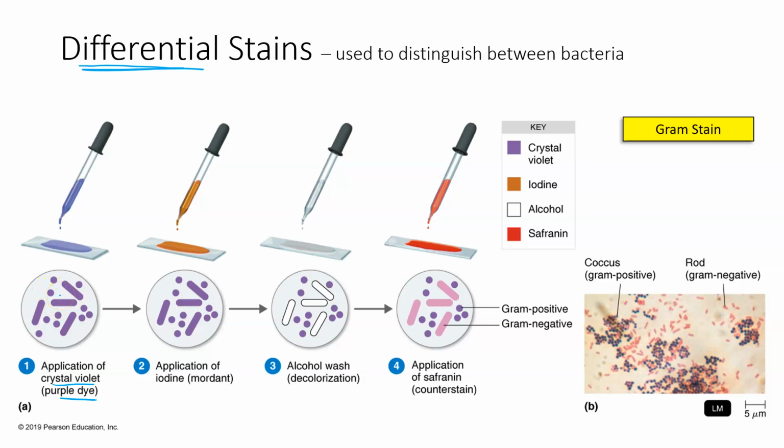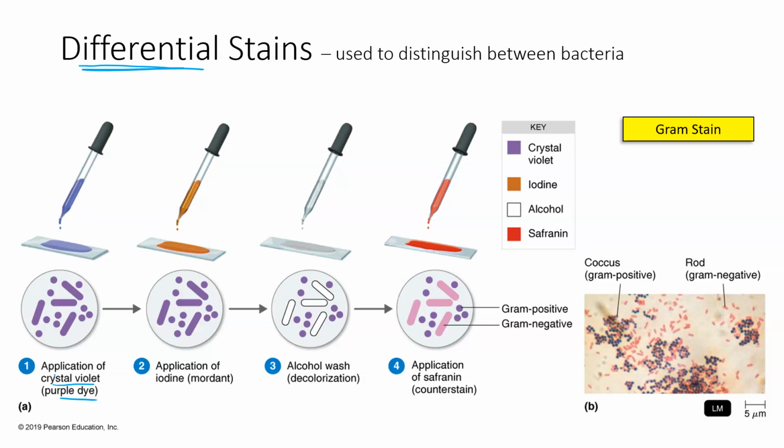Again, we'll get into the actual nomenclature of those particular bacteria shapes later, but we've got rod-shaped bacteria and circular or spherical bacteria. Those are most likely 2 completely different species of bacteria. But the very first step is the application of the crystal violet. That alone is not going to be conducive to total differentiation.